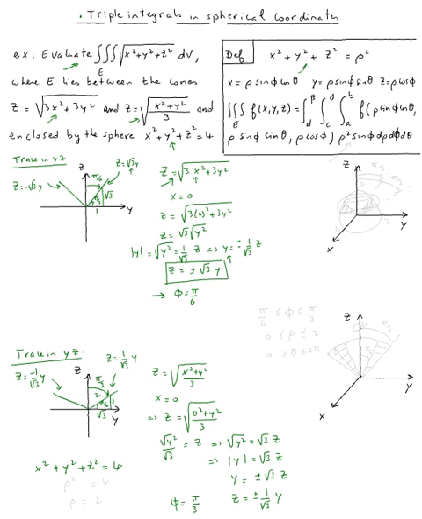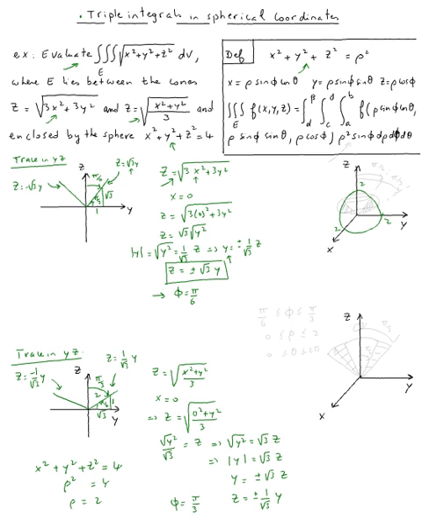Now I'm using this equation. This is just rho squared equal 4, which means rho equal 2. So I'm going to need that. So this is 2. Here's my sphere. 2, 2, 2.